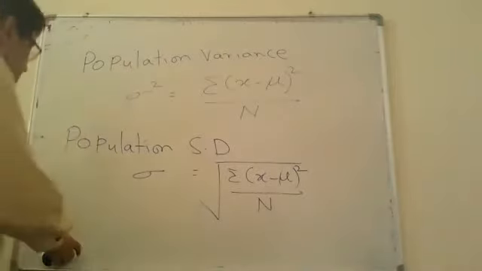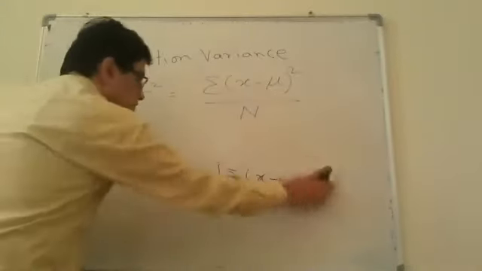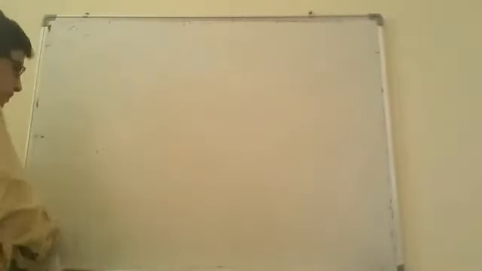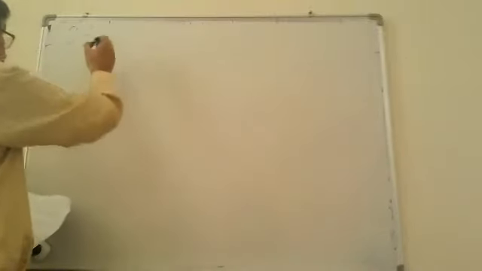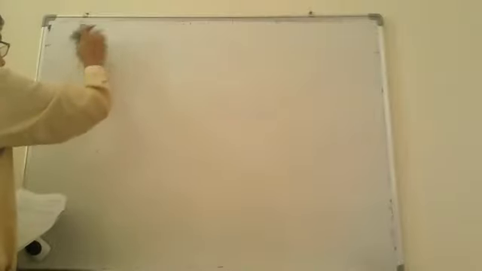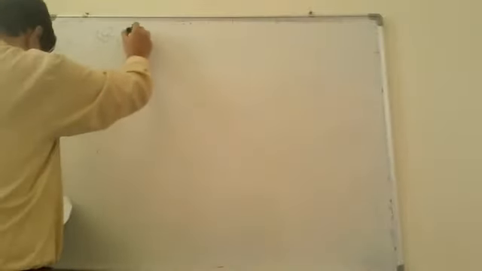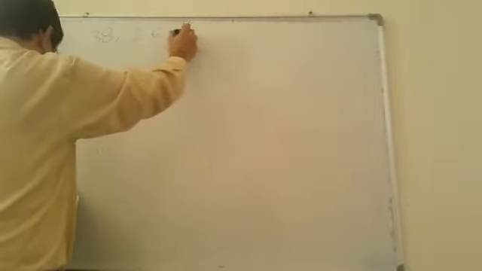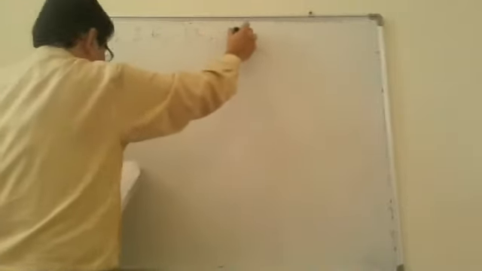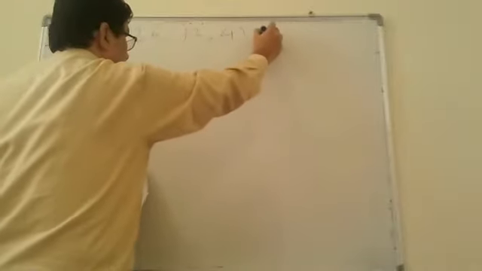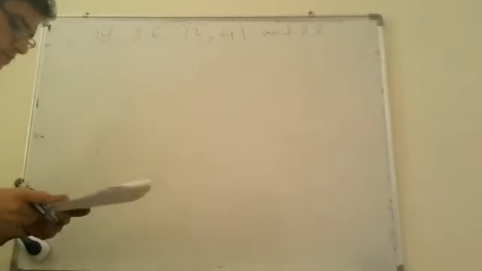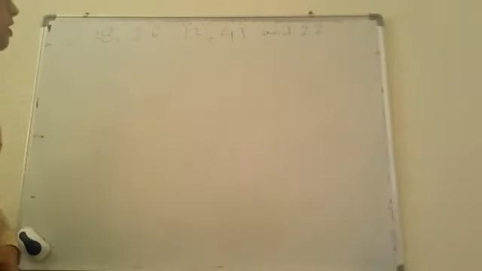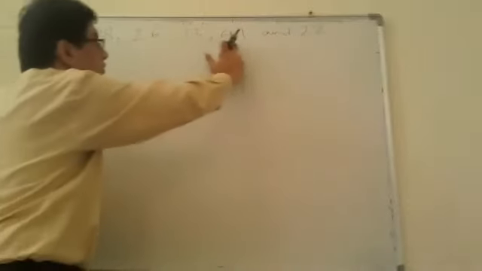For example, we need to find the population standard deviation for the values 38, 26, 13, 41 and 22. There are 5 values: 1, 2, 3, 4, 5.